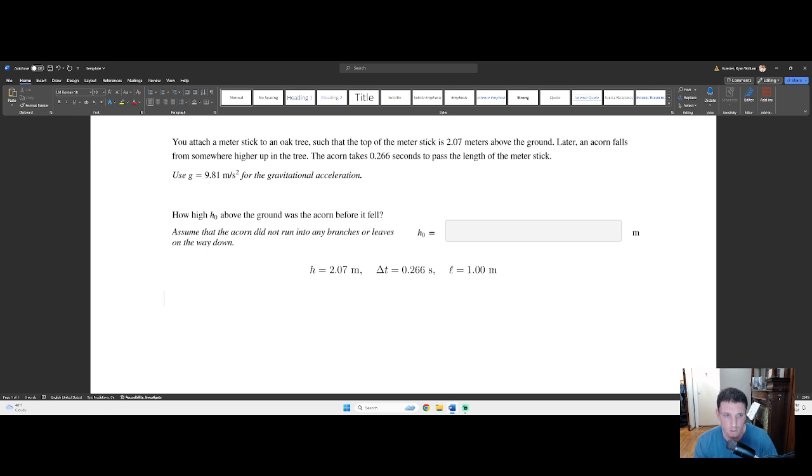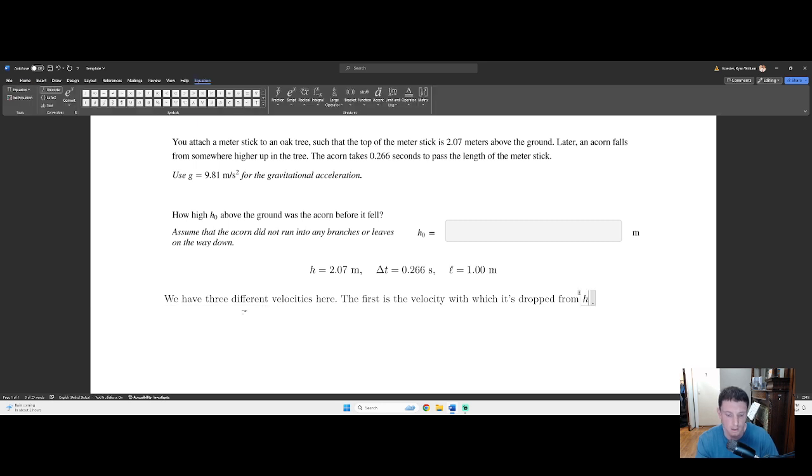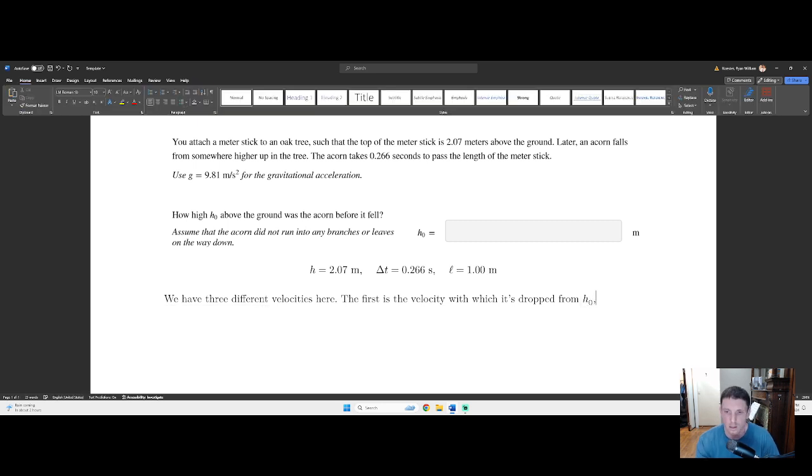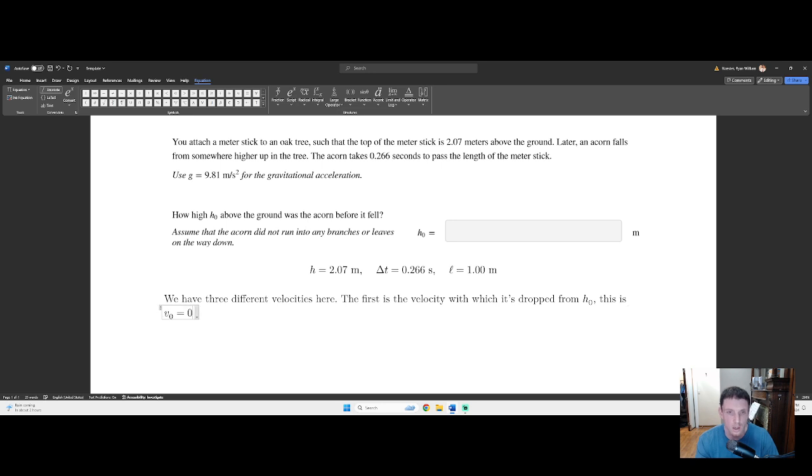What I should do is say we have three different velocities here, right? So everybody understands my notation. The first is the velocity with which it is dropped from h0, and we'll just say this is v naught equals 0, okay?